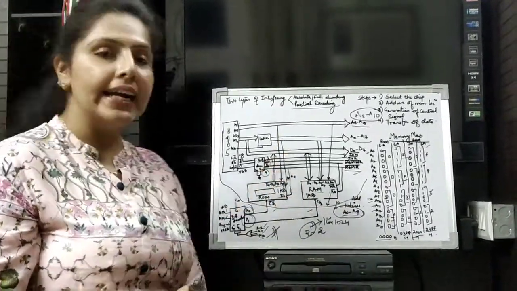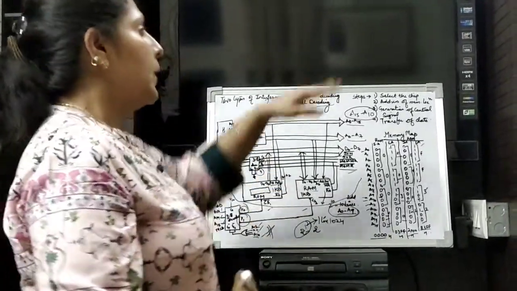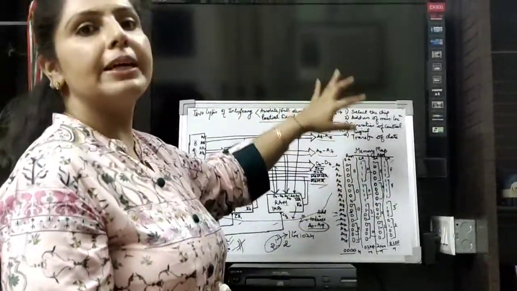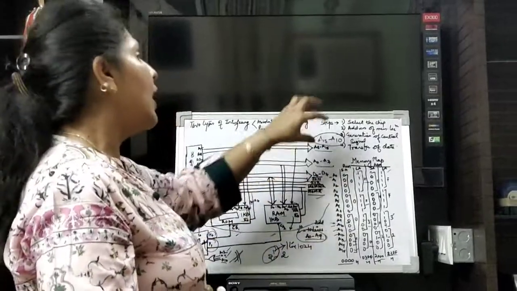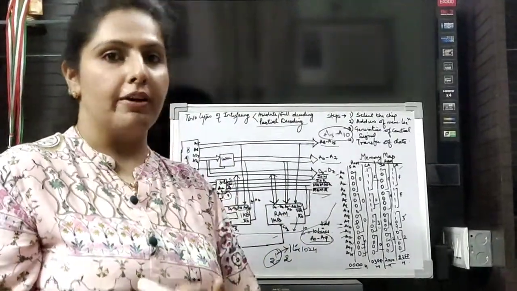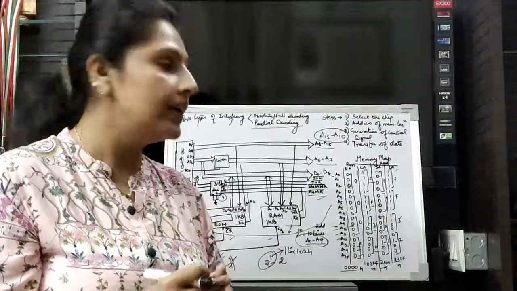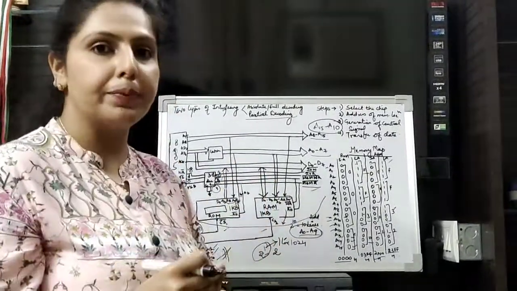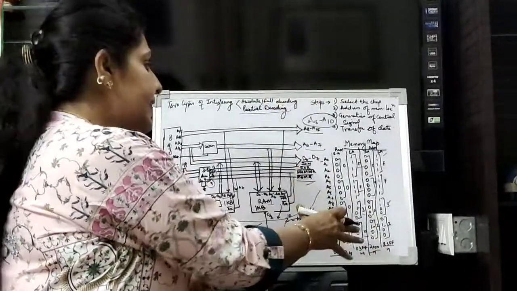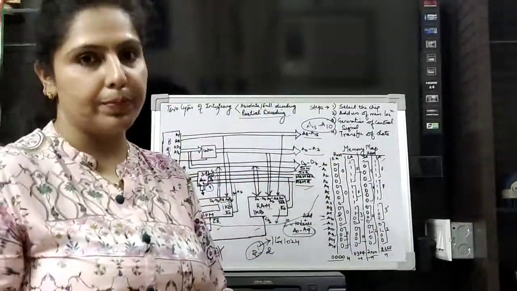In the end, I would like to recall 4 important points, which are the crux of our interfacing. First is the selection of chip, the most important thing. Whether we are taking 4 chips, 16 chips or 20 chips, we have to select the chip.